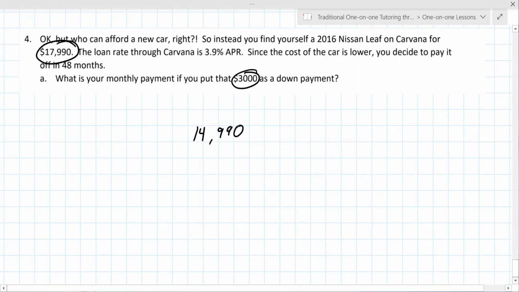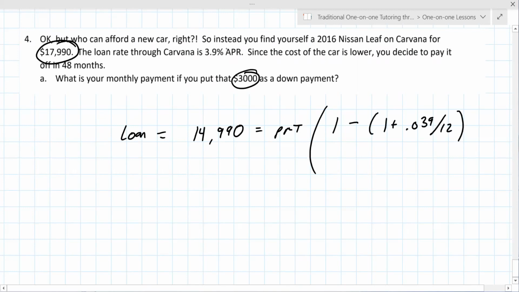They always throw in extra things, but that's your loan amount. So that equals your payment times 1 minus 1 plus 0.039 divided by 12, because that's the interest rate. And then it's only 48 months. So that's minus 48 over 0.039 divided by 12.